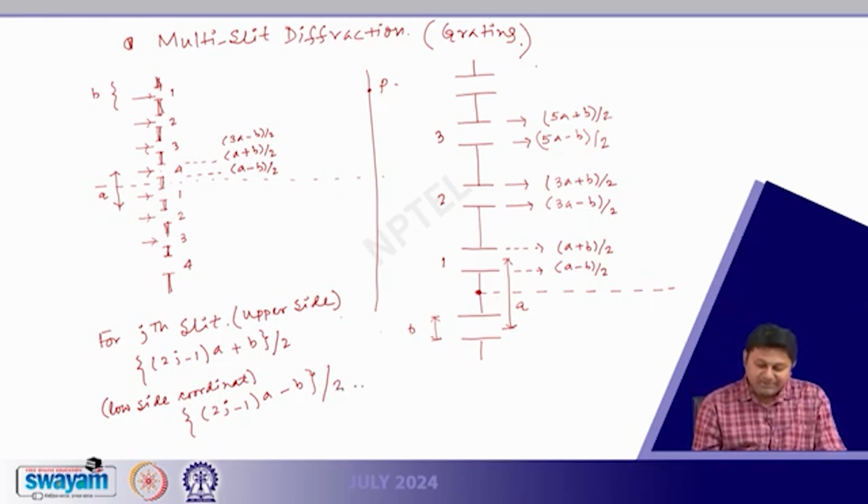Okay. So, we can check that actually by putting j equal to 1, you can see this is a plus b divided by 2. I am talking about this upper of 1 and this is lower of 1 and it is a minus b by 2.